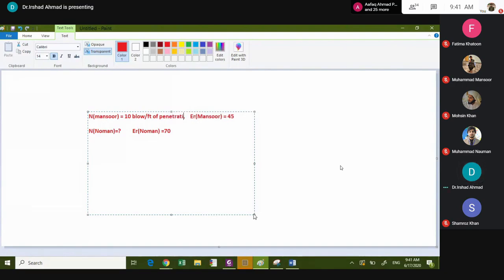Of course, if 1 foot of penetration requires 10 blows for the low efficient machine, then 1 foot of penetration for the high efficient machine would require a lesser number of blows. Okay? So how many fewer blows? The formula is simple.